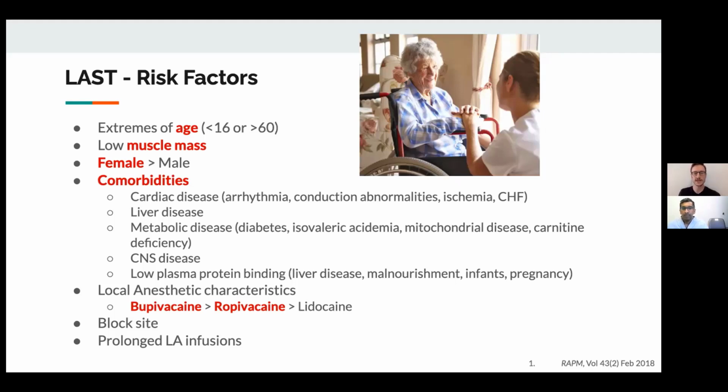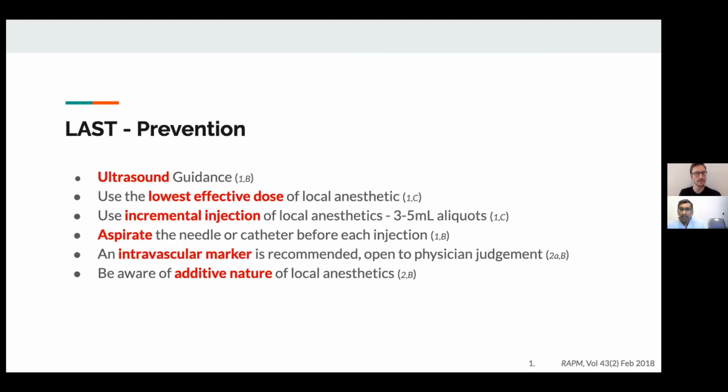The block site, or where you inject the medication, plays a role, and certainly more vascular sites that have higher uptake may be more associated with this complication. It seems to be also associated with prolonged local anesthetic infusion. So if you've got a labor epidural that's running for many hours, or your continuous perineural block for several days, this would also be a setting where it may occur.